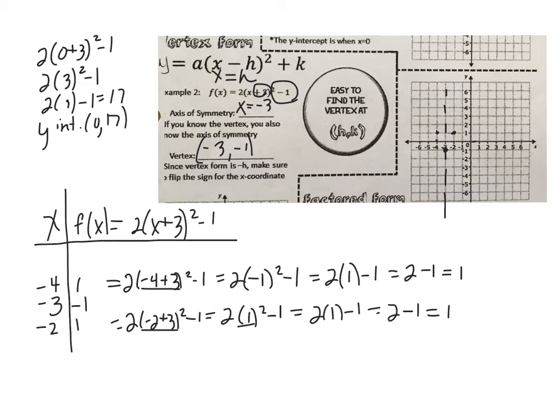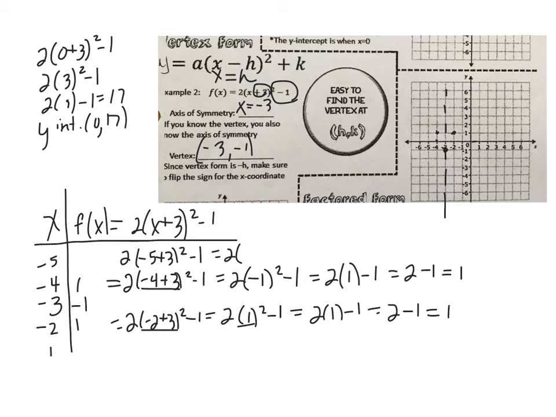Now I'm going to go back to my vertex and go out 2 units from either side. That's going to be x equals -5 and x equals -1. Normally I would be up 4 units from my vertex, but I should be up 8 units because, remember, you're multiplying times 2. Let's see if that works. 2 times -5 plus 3 quantity squared minus 1.